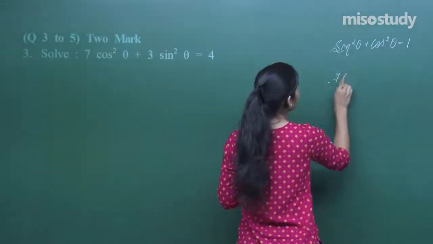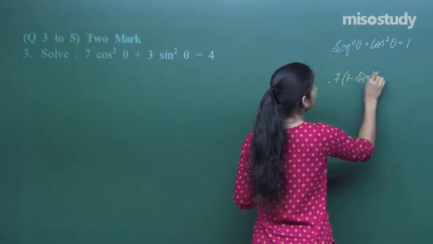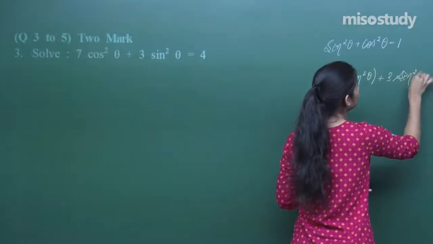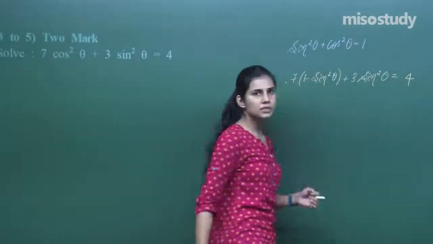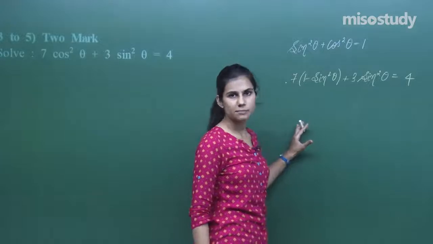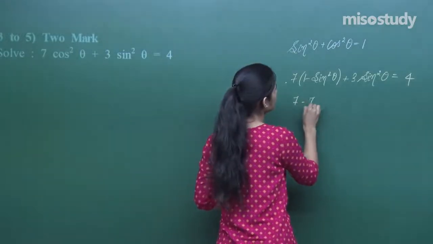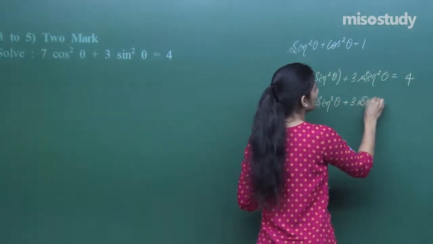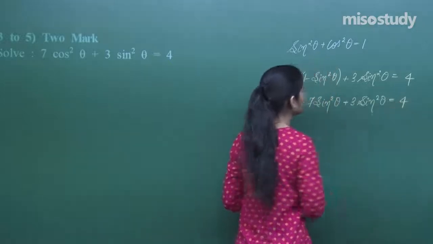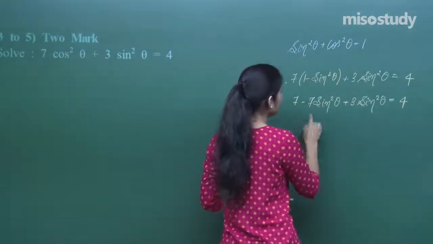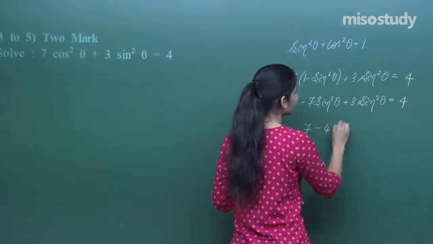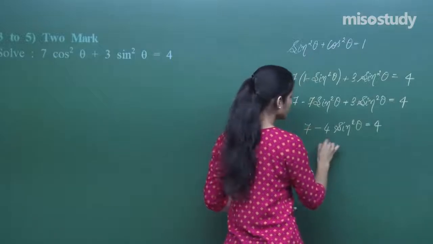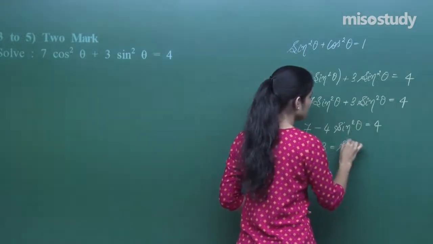So I will have 7 into 1 minus sine square theta plus 3 sine square theta equals 4. Now everything is in terms of sine square. Situation is pretty simple for us. This becomes 7 minus 7 sine square theta plus 3 sine square theta equals 4. 7 minus 7 plus 3 is minus 4 sine square theta equals 4. 7 minus 4 is 3, so you get 3 by 4 equals sine square theta.